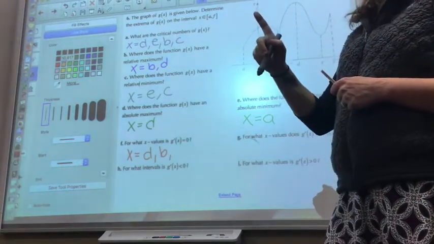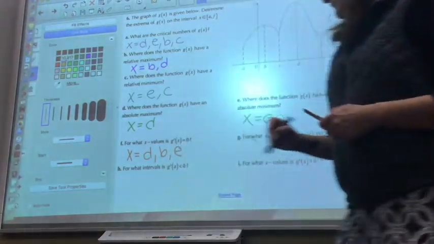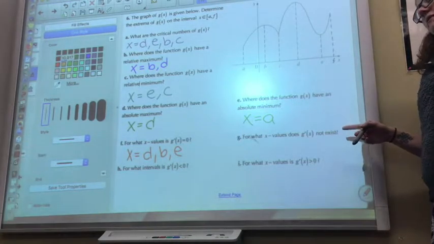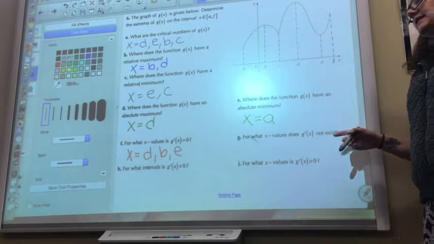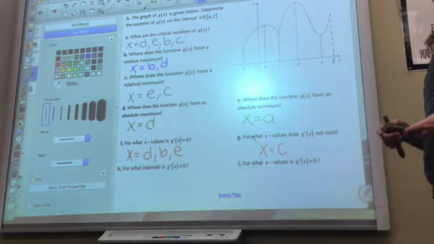One of those is not. It wouldn't be C. Because let's answer G. For what x values does g prime of x not exist? At C. Our derivative doesn't exist at C.